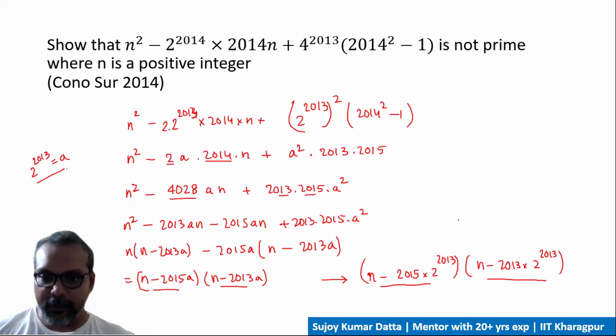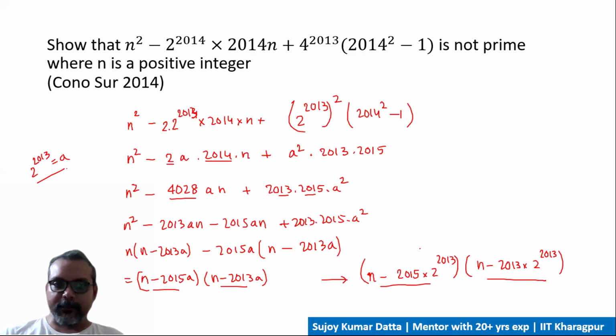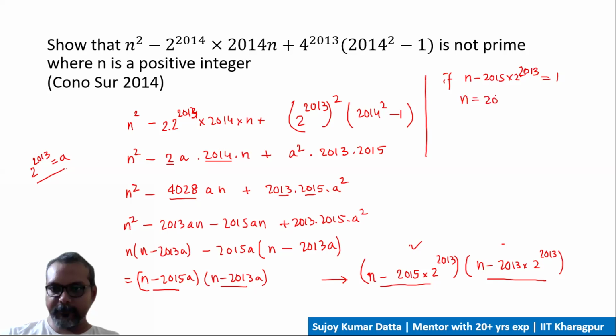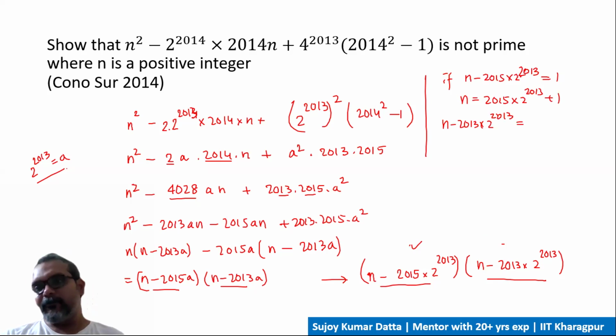Now we need to check that it does not lead to a case where this is 1 and this is a prime. Now the smaller of the two is this one. So if I take this to be 1, that means n becomes, then the second term n minus 2013 times 2 to the power 2013 will become, from this 2015 times this, we'll subtract 2013 times this.